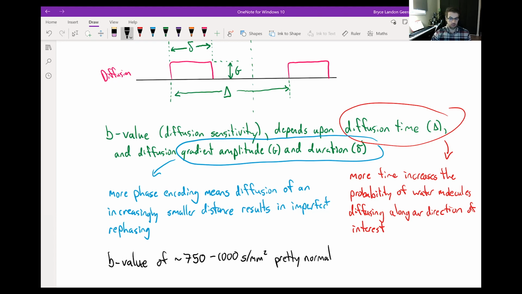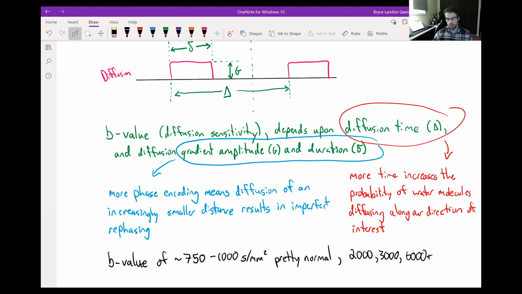Whereas scans with b-values of, well, I don't know, somewhere between 2,000, 3,000, or even up to like 6,000 or so. Those are much more sensitive to diffusion, I would consider like high sensitivity these days on 3T scanners.